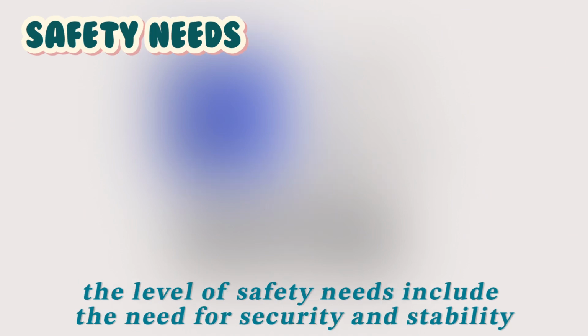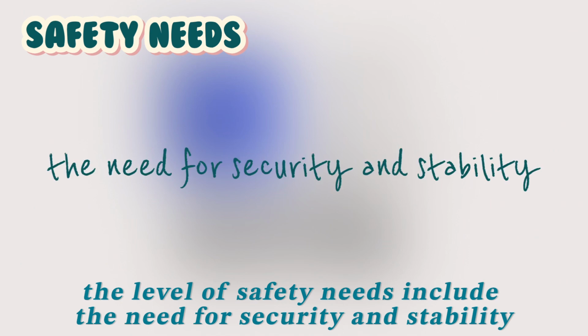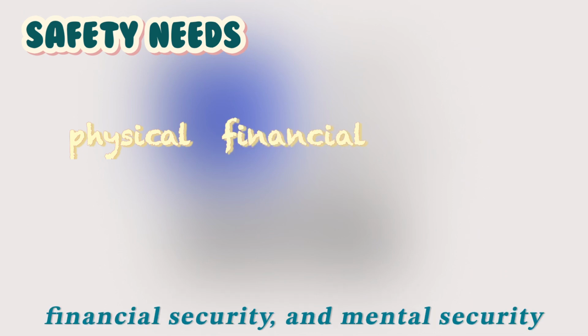The level of safety needs include the need for security and stability. These needs are met through physical security, financial security, and mental security. For example, physical security may include protection from harm. If you live in a safe and secured house, it protects you from danger.